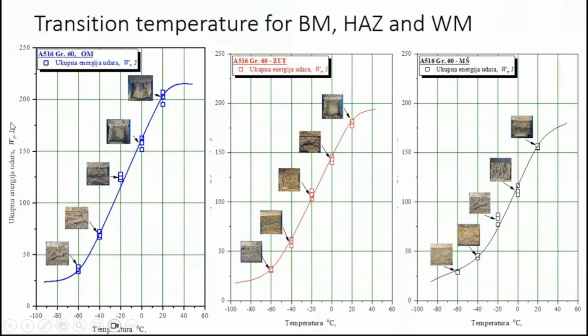Because, first of all, we need total energy to estimate this transition temperature, but in this case, crack initiation energy was very low for all zones. So total energy is practically the same as crack propagation energy at -60. And this is why we didn't care too much about separation of energies in this case.